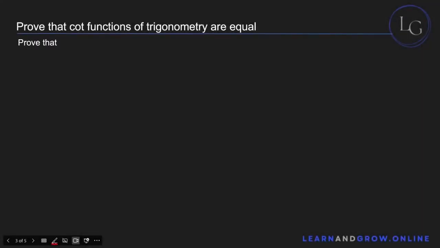Okay, so let's prove that cotangent A plus B is equal to cotangent A cotangent B minus 1 over cotangent A plus cotangent B. Now, a very simple way of just looking at this is, you know that these are equal, right?